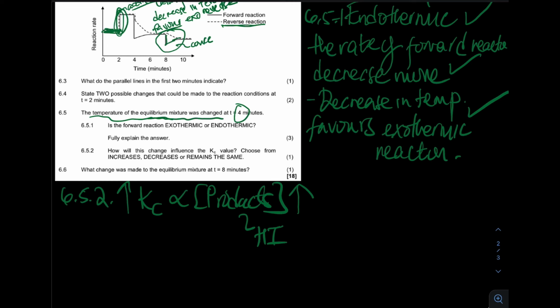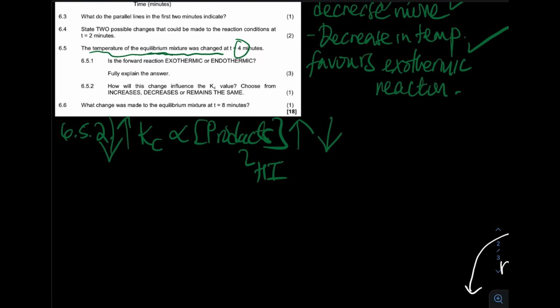But with this decrease of temperature, it's the reverse reaction that is favored. So if the reverse reaction is favored, the concentration of product will decrease and the Kc value will decrease. So the answer here is decrease. The Kc value decreases because the concentration of product decreases, because it's the reverse reaction that is favored.